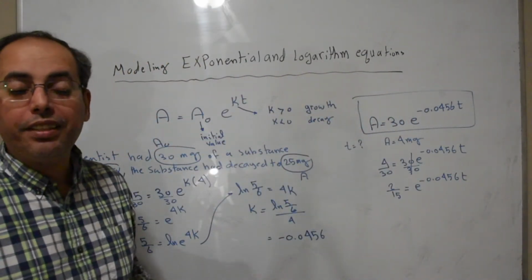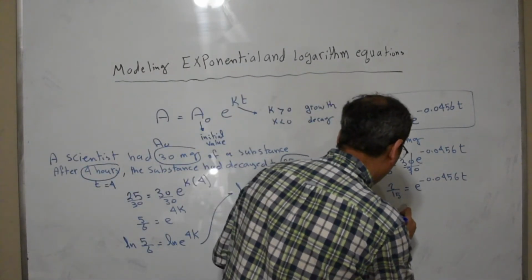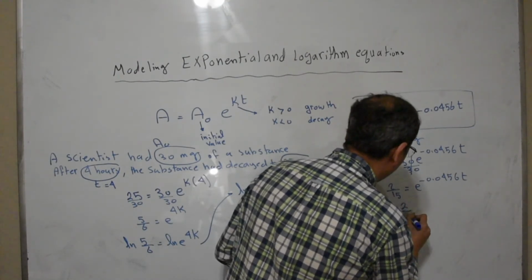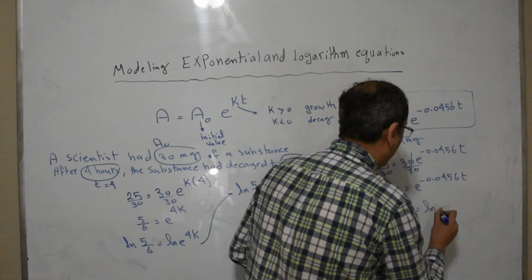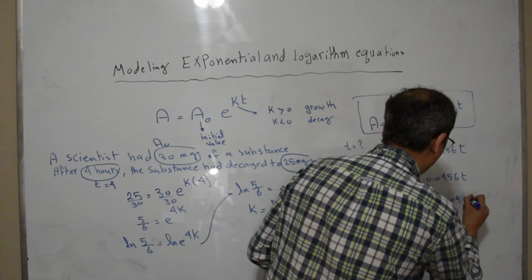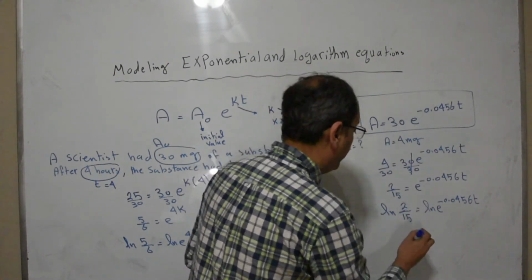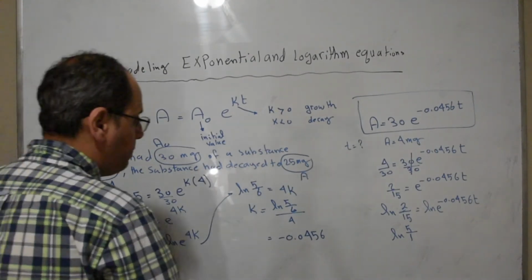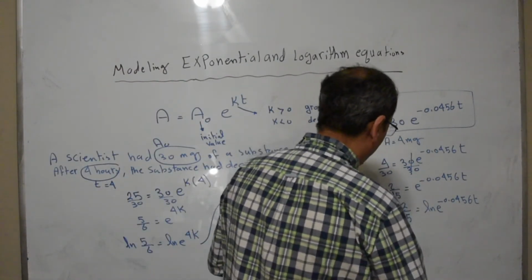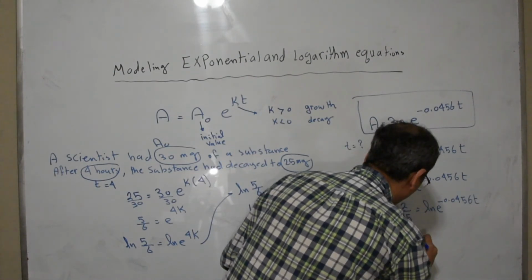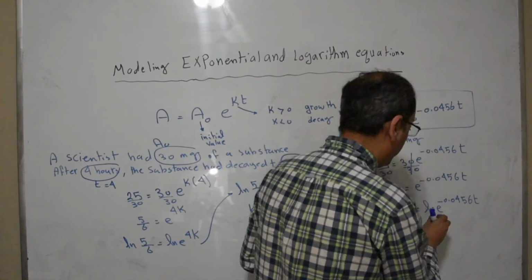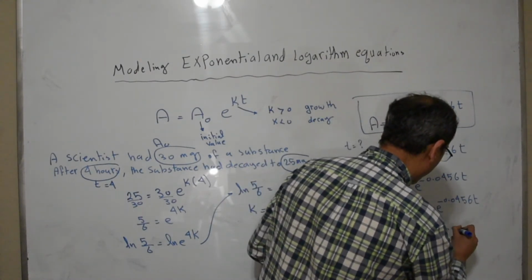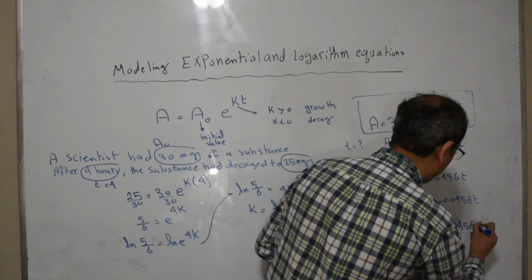Okay, what's the next step? Take the natural log of both sides. So I have the natural log of 2/15 equals the natural log of e to the negative 0.0456 t. The natural log of e to something is that something, so it equals negative 0.0456 t.